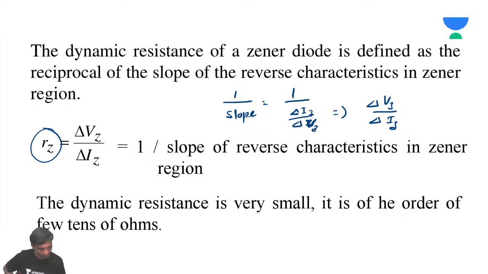Please give the comparison of avalanche and Zener construction, working and slope diagram.